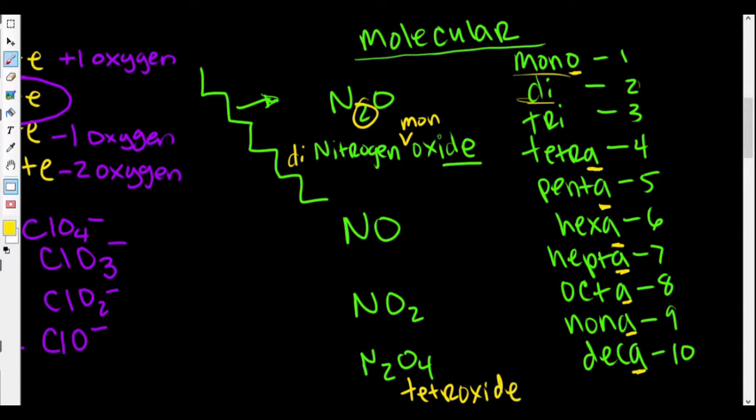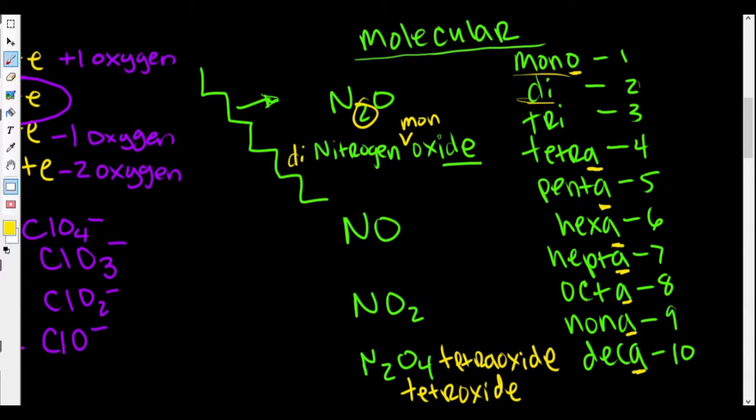I'm actually double checking. Nitrogen, yeah, tetroxide. So there is no A. That A is going to go ahead and get dropped right there. So tetroxide. But when you write it, it's just going to look kind of funny too. That just looks a little weird right there.